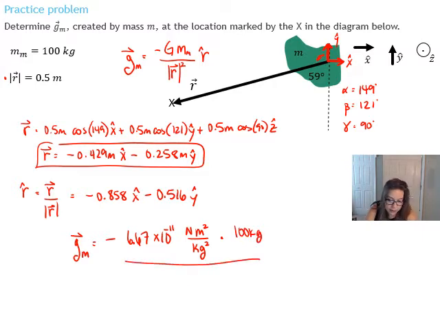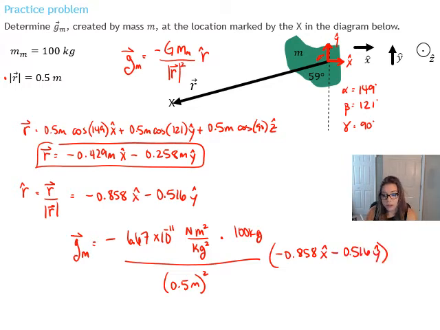All of that is divided by the norm of r squared, so that's 0.5 meters squared. And then all of that is times r hat, which was negative 0.858 x hat minus 0.516 y hat. Make sure your x hat and y hat are still there because vector r hat is a vector. Do not plug in the number 1. That would be confusing a vector with its norm. So just be really careful.